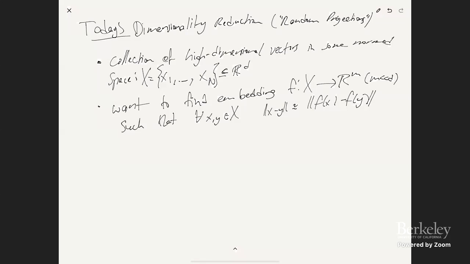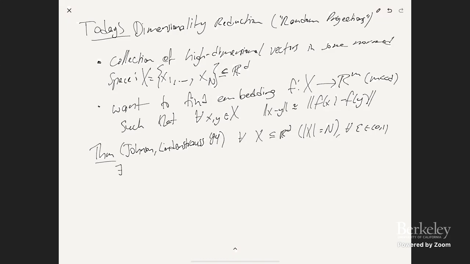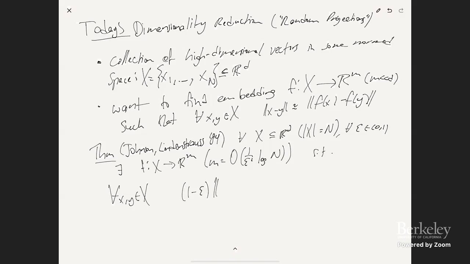And one of the cornerstone results in this area is a theorem by Johnson-Lindenstrauss, which says that for all such X, where X has some finite size, and for all epsilon in (0, 1), there exists an f from X to R^m, where m is (1 over epsilon squared) log n, such that for all points in the point set, the distances after the embedding are similar to before the embedding, multiplicatively.